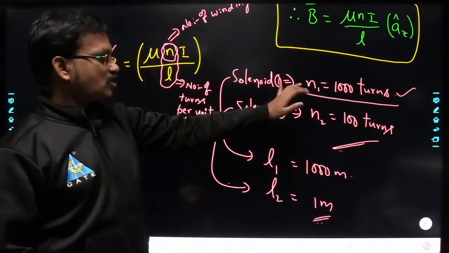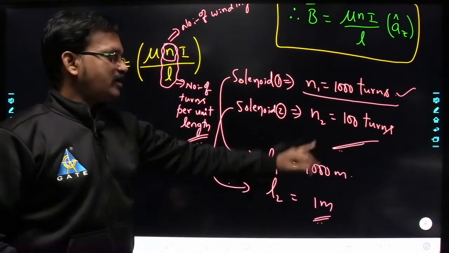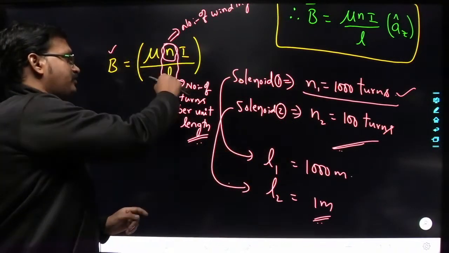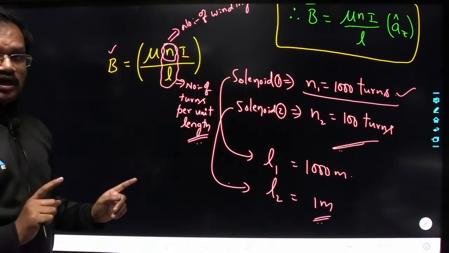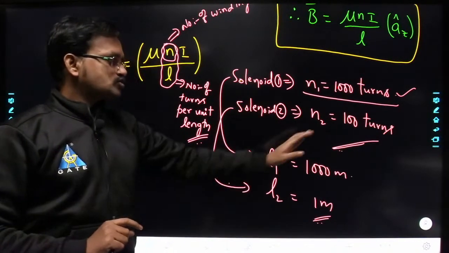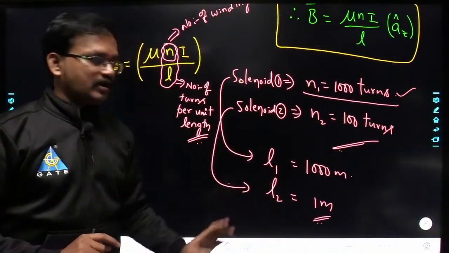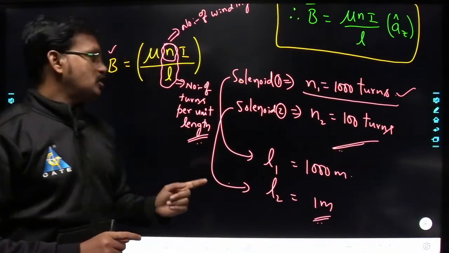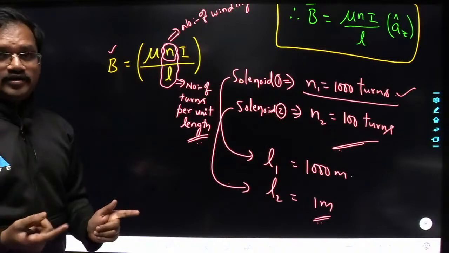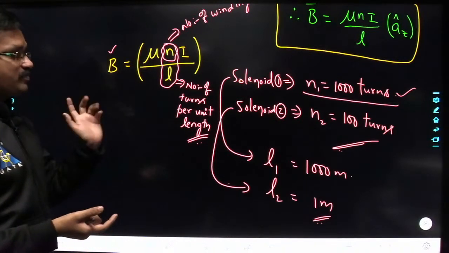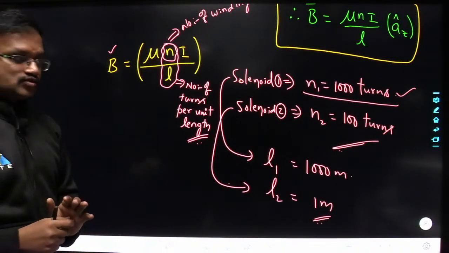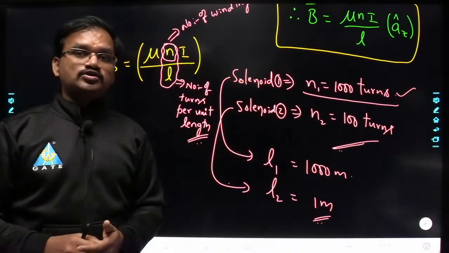In the solenoid 1 case, the N1 by L1 ratio is equal to 1. Whereas in solenoid 2, it is 100 by 1, which is equal to 100. So in which case is the B field going to be stronger? For the second solenoid it is going to be stronger.